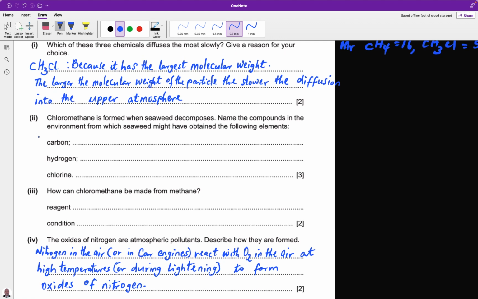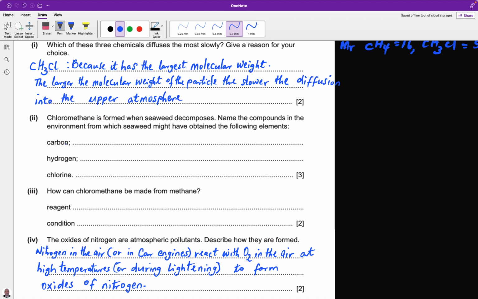Question number 2, the second part of it. Chloromethane is formed when seaweed decomposes. Name the compounds in the environment from which seaweed might have obtained the following elements.